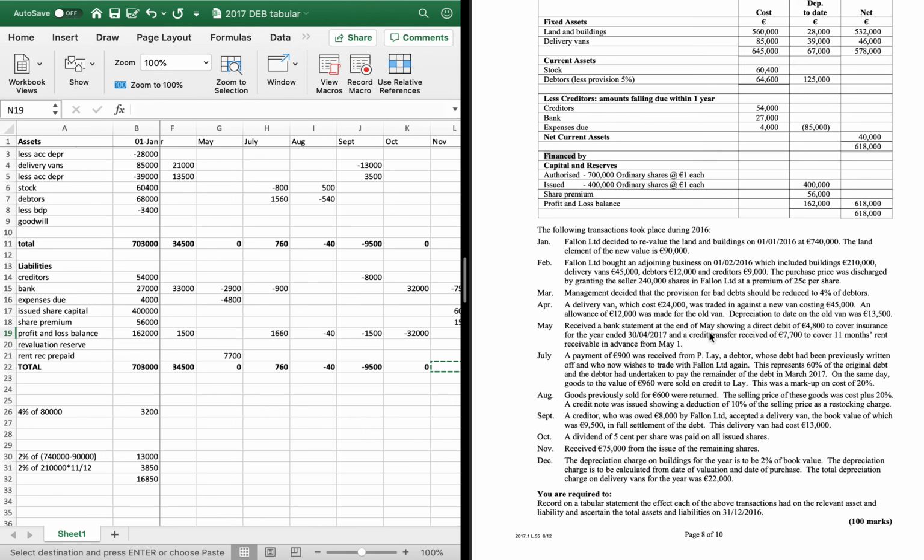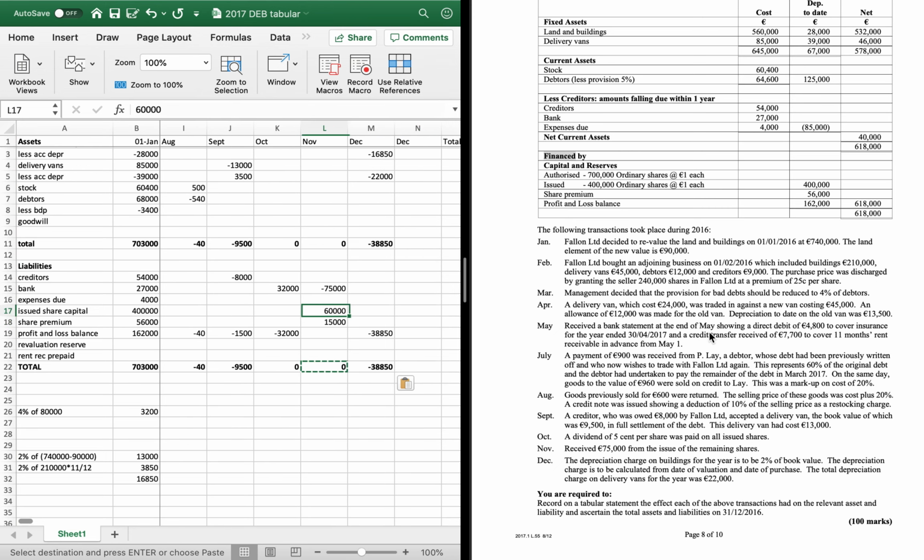So our rent, which we put in our expenses due, was to cover rent up until the 30th of the 4th. So in effect, 4,800 is up for 4 months of next year.